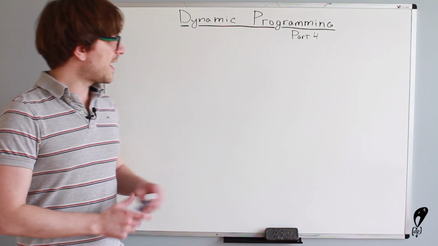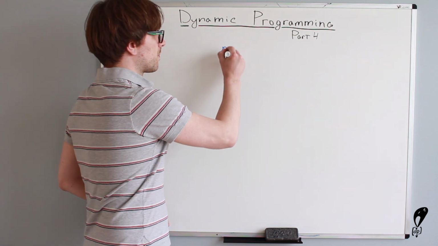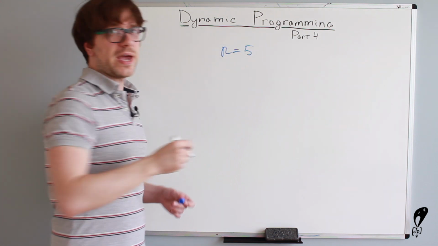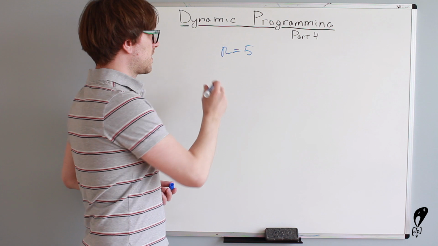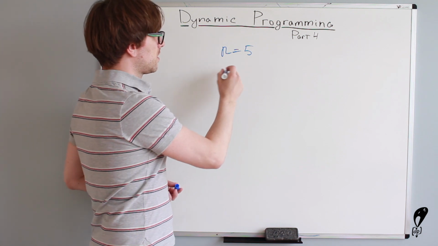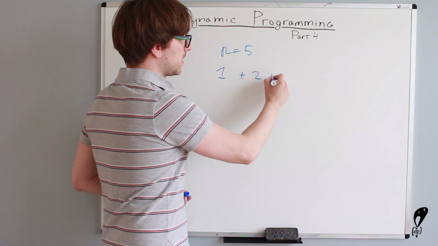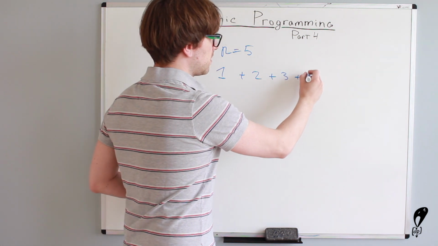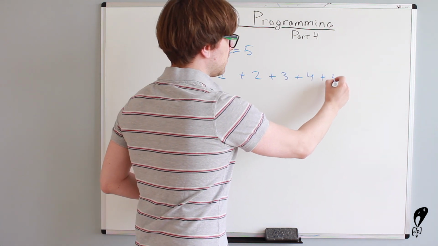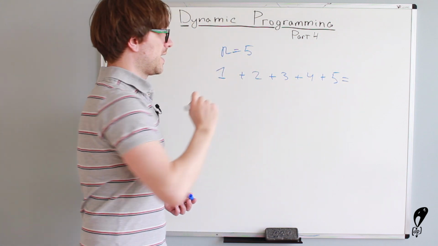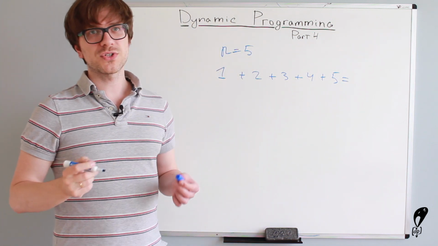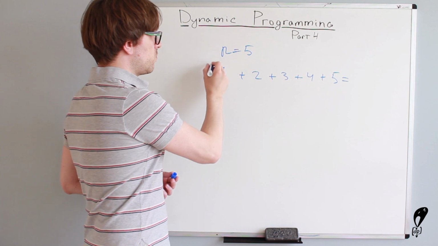So say n equals 5. We had to find the sum of all the numbers, like 1 plus 2 plus 3 plus 4 plus 5, right? For n equals 5. So we first solved the problem when n equals 1.